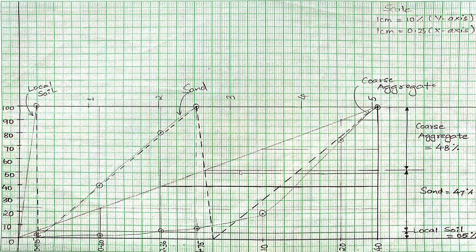So for this example, the coarse aggregate to be mixed is 48%, sand to be mixed is 47%, and local soil to be mixed is 5%, so that one obtains the dense graded mix, or we can say one that can obtain the desired gradation.